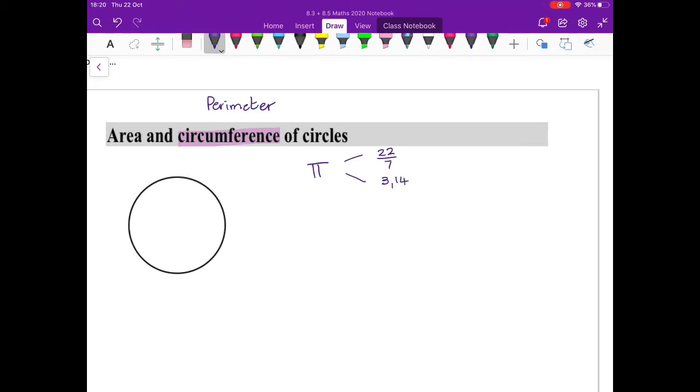In actual fact, the circumference of the circle is just over 3 times the diameter. So if we take the circumference of the circle divided by the diameter, we would get pi. So that's where we get pi from.